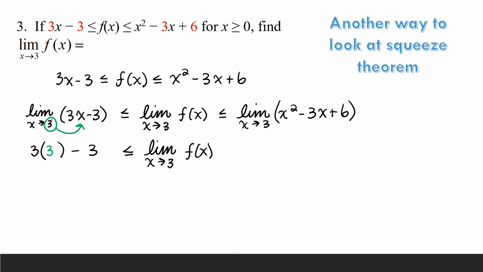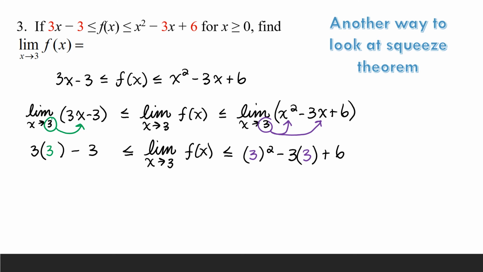Can't evaluate that one yet, we just don't have enough information. Which is less than or equal to, we can use direct substitution again. So this is less than or equal to 3 squared minus 3 times 3 plus 6.